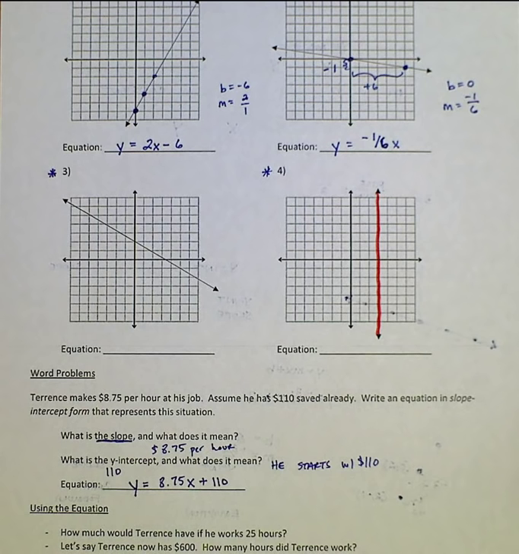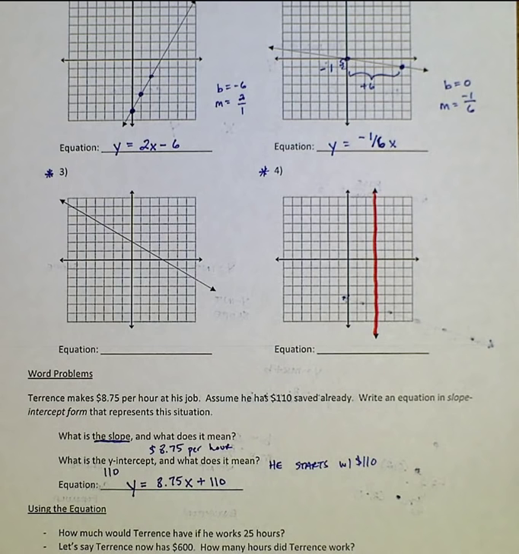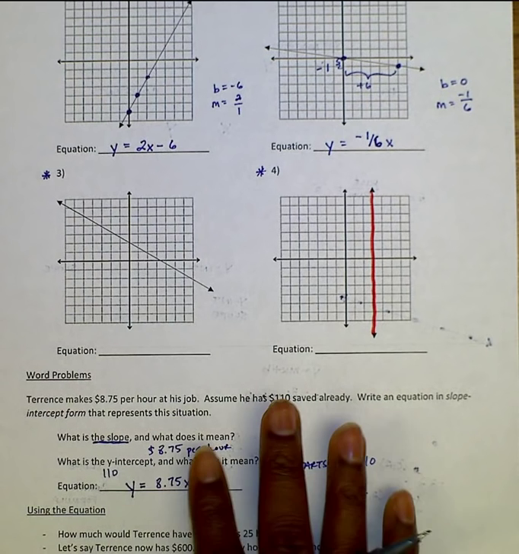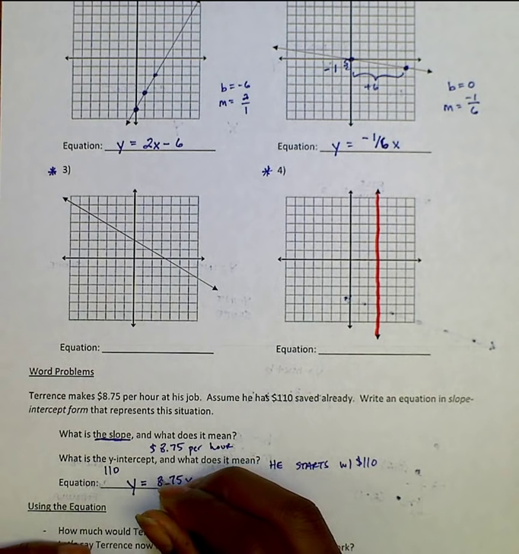Okay, and now we would be able to use this information to answer some questions about Terrence and how much money he would make, or how many hours he would need to work, because y is going to stand for the money he makes and x stands for the number of hours he works. And so it says, using this equation, how much would Terrence have if he worked for 25 hours? Well, x will stand for hours because $8.75 per hour.